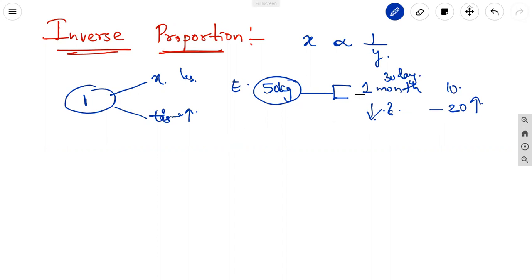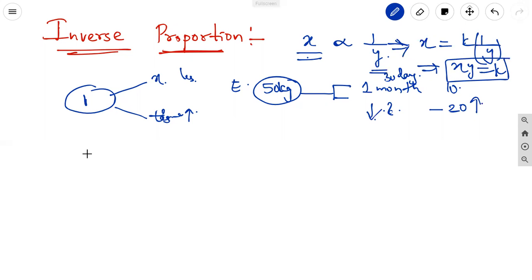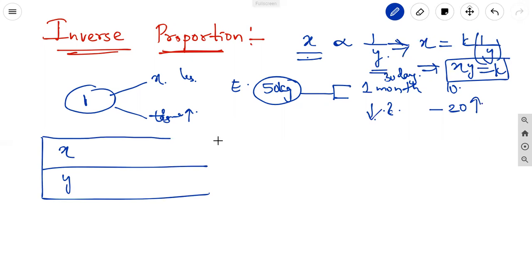That is the case where one object is inversely proportional to the other object. Taking the proportionality constant, x equals k into 1 by y, and from cross multiplication, xy equals k. When we construct a table of one variable to another, the relation is x1, y1, x2, y2, x3, y3.